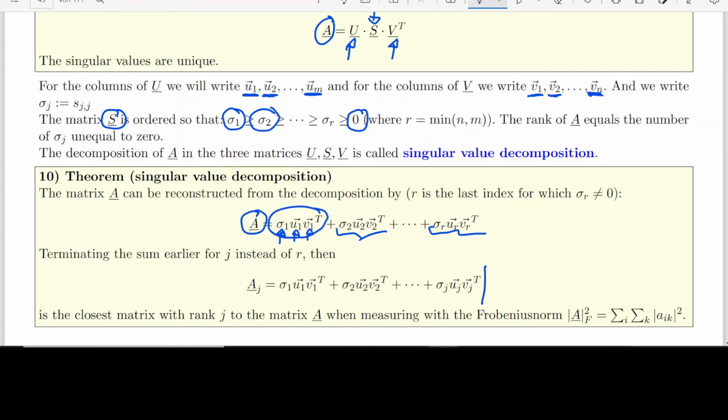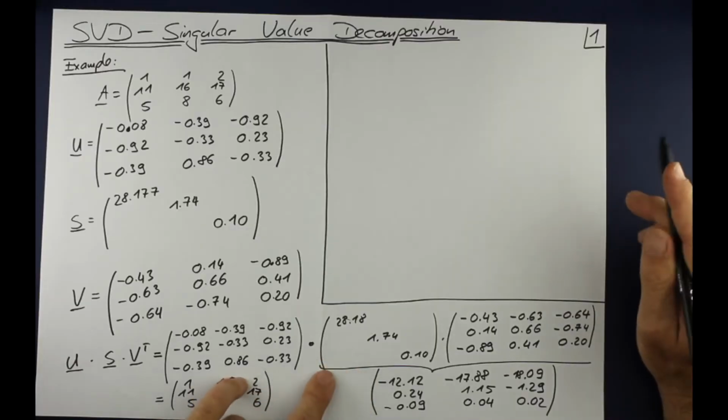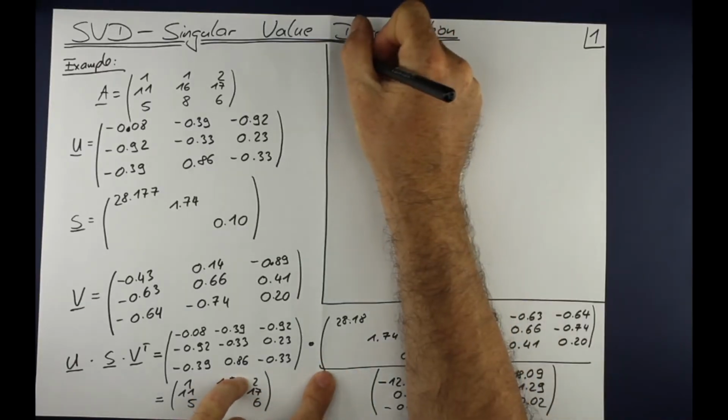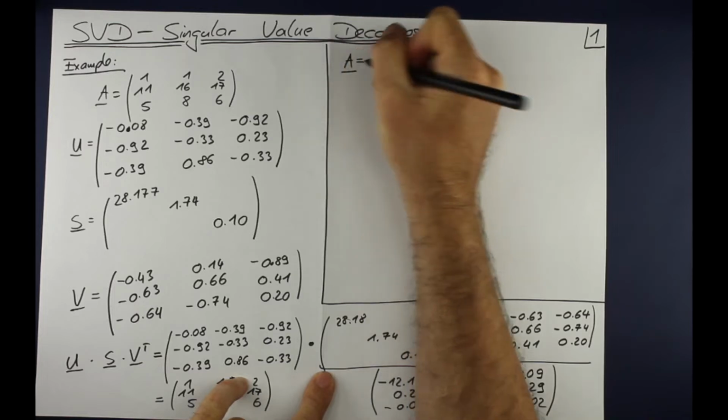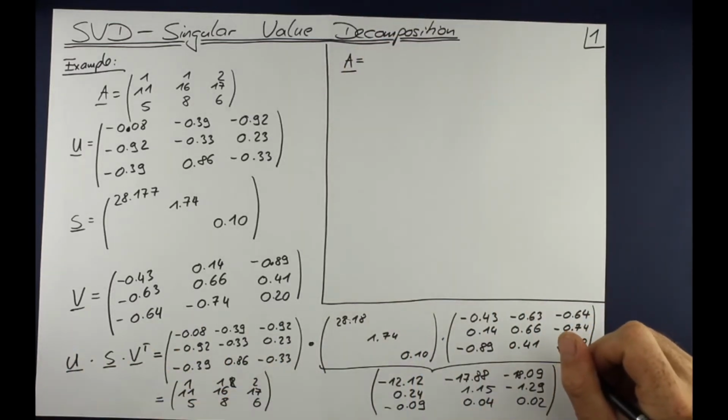Okay, I'm sure we need an example to better understand, so let's do that example. What does that mean here for our example? That means that we can get A alternatively to this product in the following way.